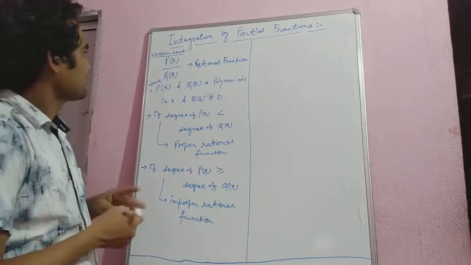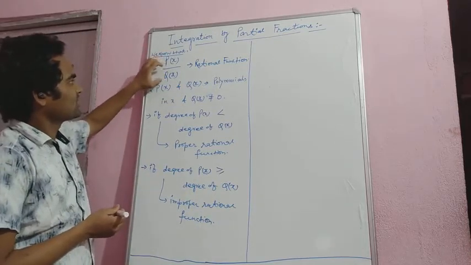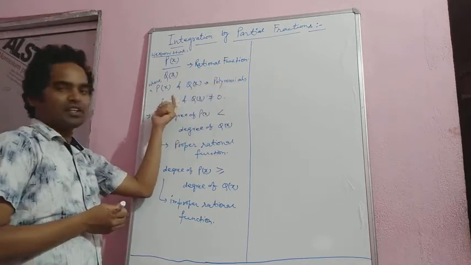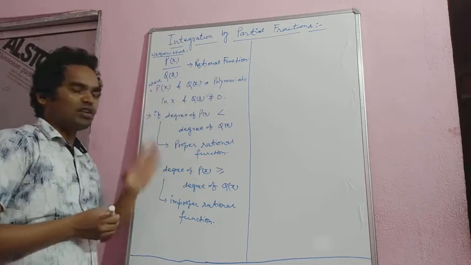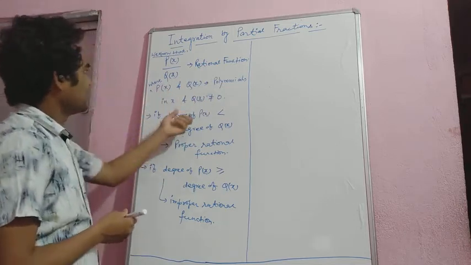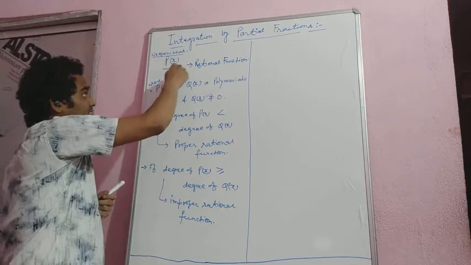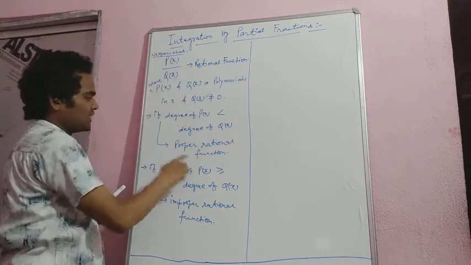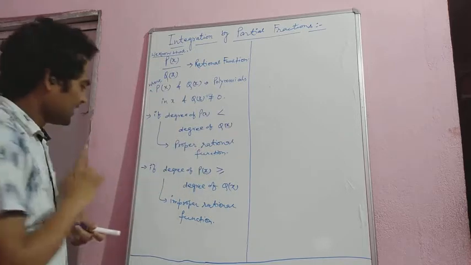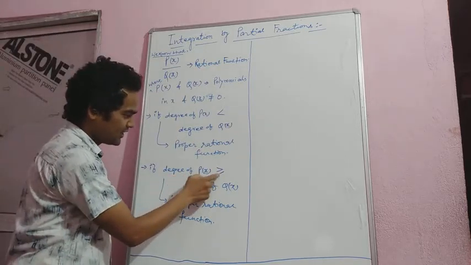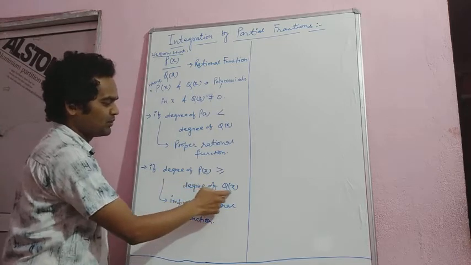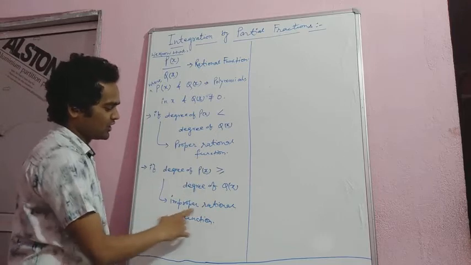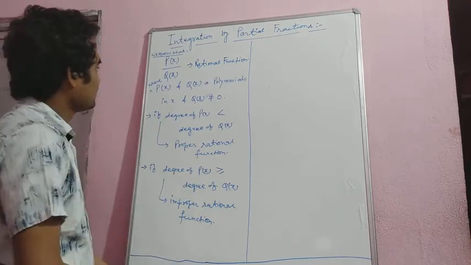Okay students, we know that p(x) upon q(x) is a rational function where p(x) and q(x) are polynomials in x and q(x) is not equal to 0. If the degree of p(x) is less than the degree of q(x), it is a proper rational function, and if the degree of p(x) is greater than or equal to the degree of q(x), it is improper.